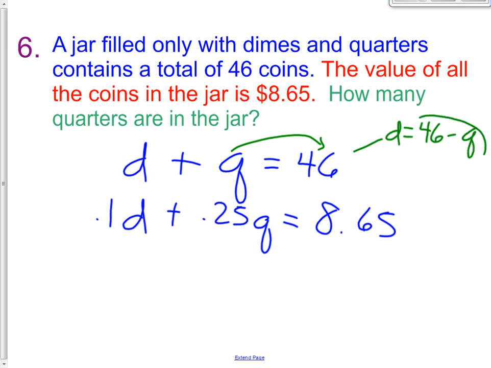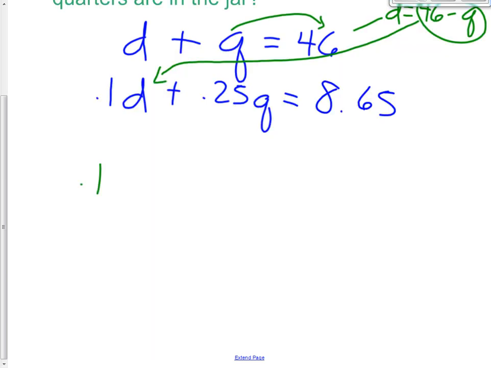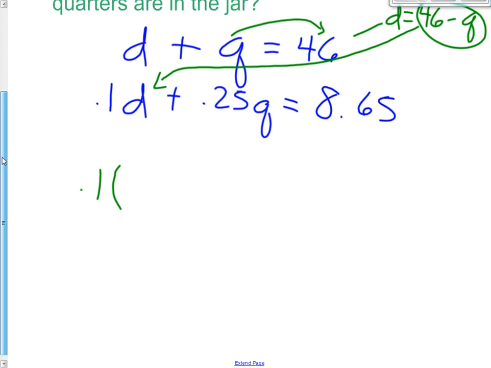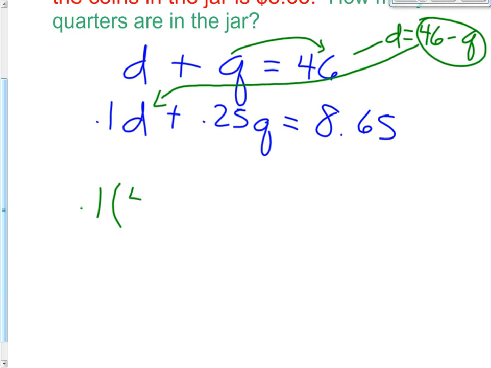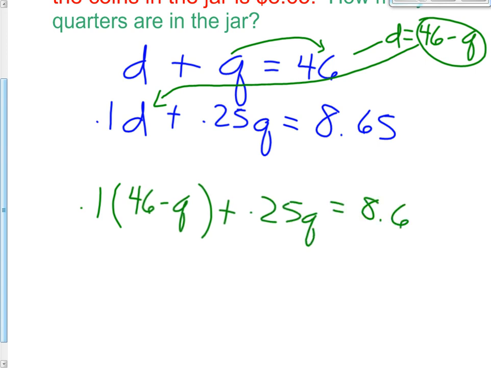And I'm going to substitute this right in there. So 0.1 times dimes, which dimes is now 46 minus Q, plus 0.25 Q equals 8.65.